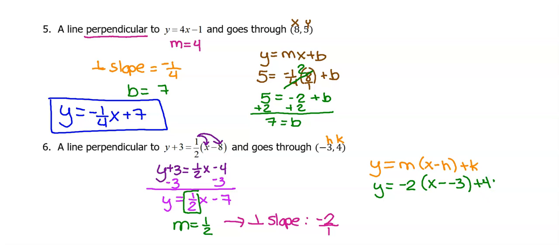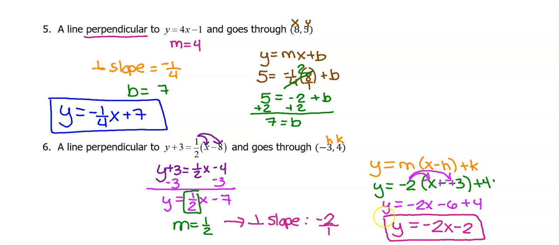For the k, this turns to positives, so when I distribute, I get y equals -2x, again, -6, plus that 4 on the back end, for a final answer of y equals -2x minus 2 when I combine. So one of each to show you the 2 different formulas we're using.